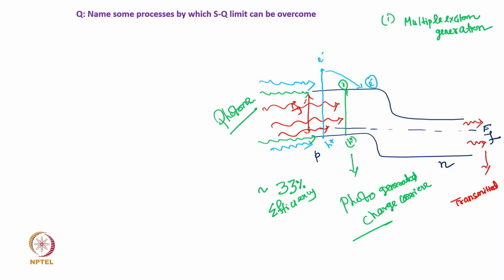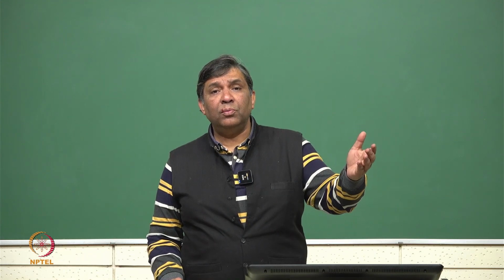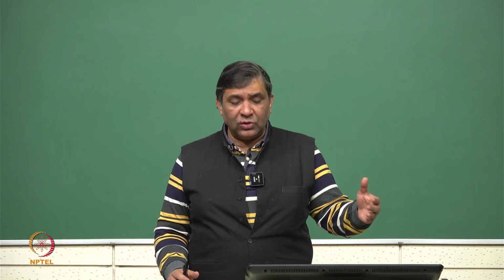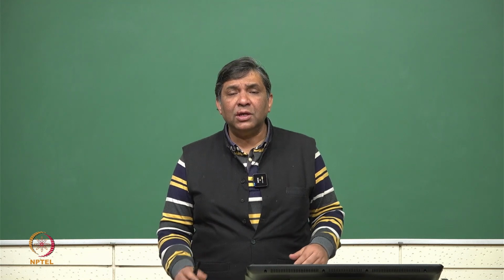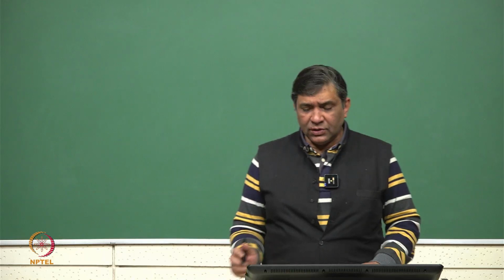This we have seen is possible in the case of quantum dots. Okay, what is multiple exciton generation? Multiple exciton generation is that when you send a single photon, it can generate 2 pairs of charge carriers, it means 2 electrons or multiple electrons. So, that is called multiple exciton generation, which can improve the efficiency, at least theoretically.